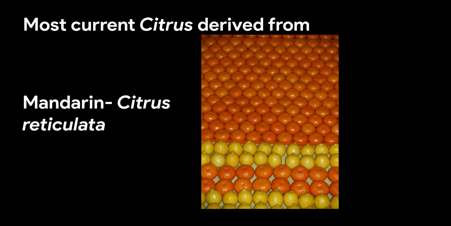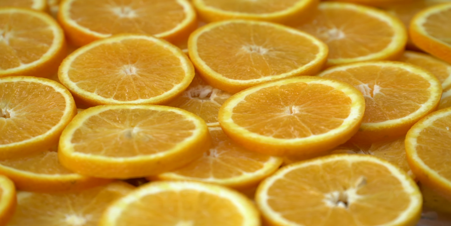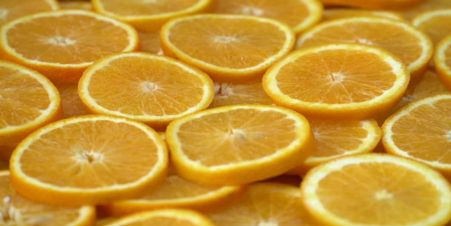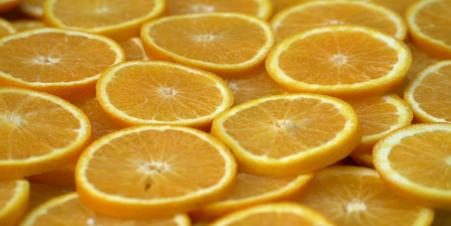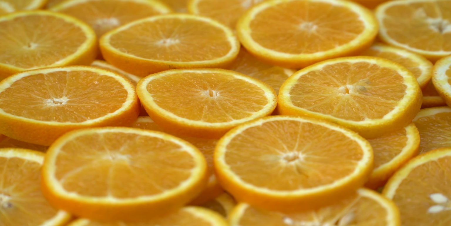Most other citrus species are hybrids of these, including wild Australian species such as finger limes, which are known as Citrus australasica. Oranges, for example, are hybrids of the pomelo and the mandarin, but are often written as Citrus × aurantium.